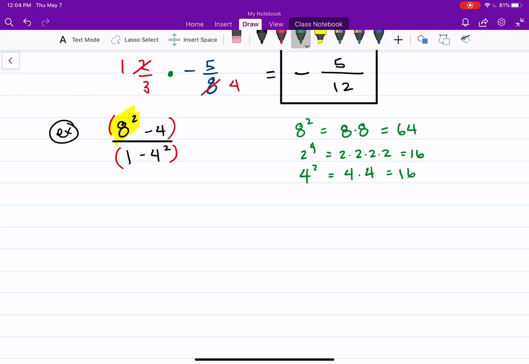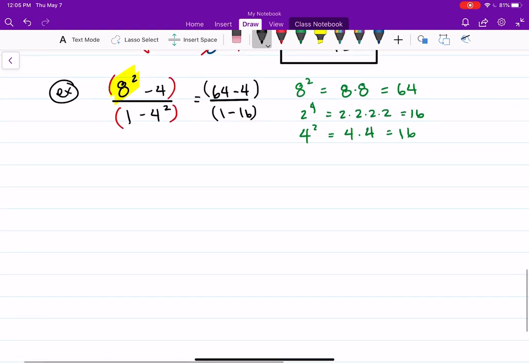Okay, so in this case, what do I have on the top? I have 64 minus 4 over 1 minus 16. Again, think of these as in parentheses. So now the top is going to be 60 over negative 15.